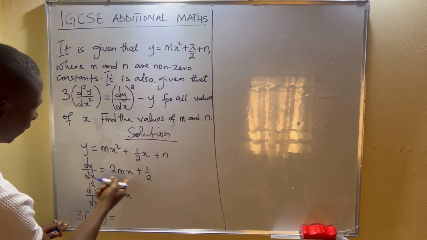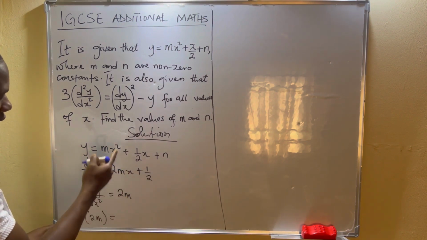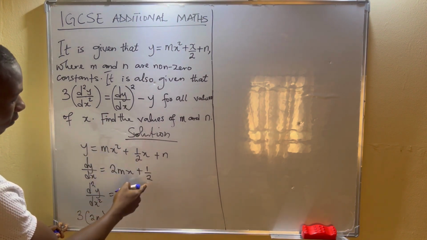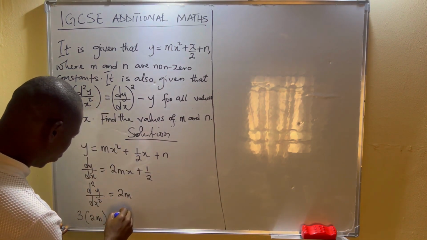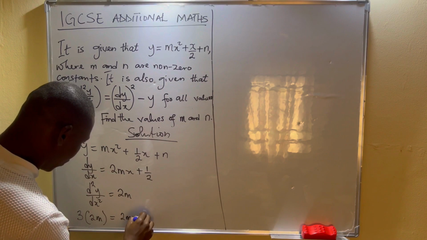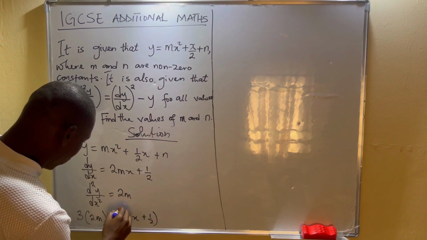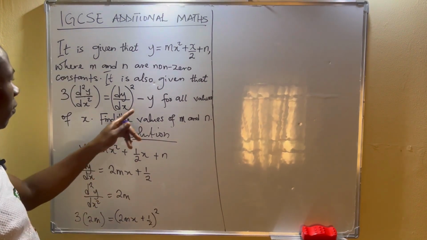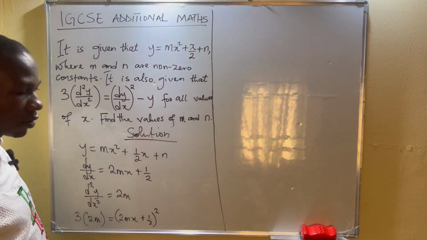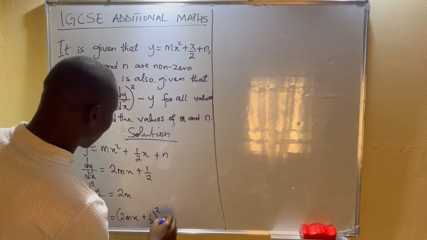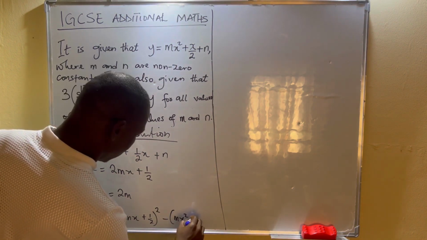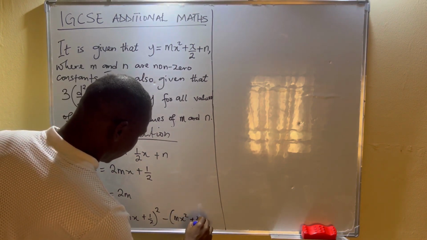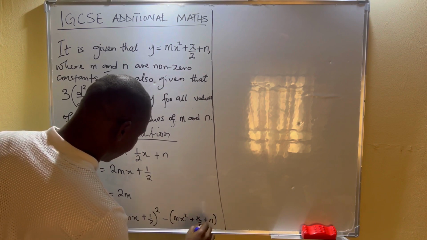So what's our first derivative squared? 2mx plus half, so we have 2mx plus 1 over 2 squared, minus y. y is the original function given. So minus mx squared plus x over 2 plus n.